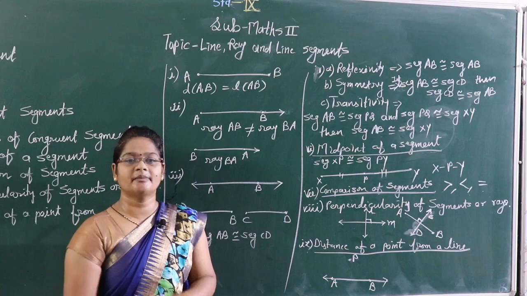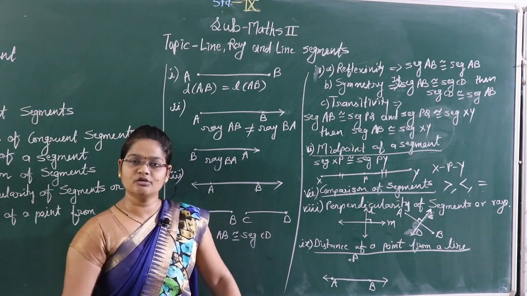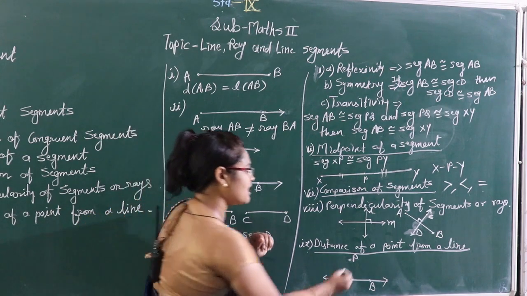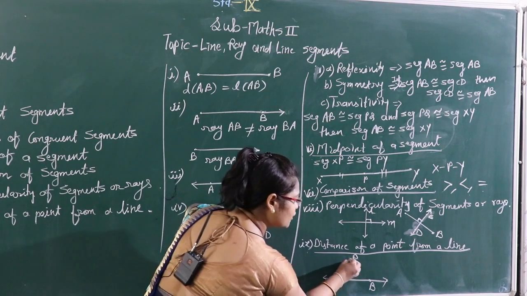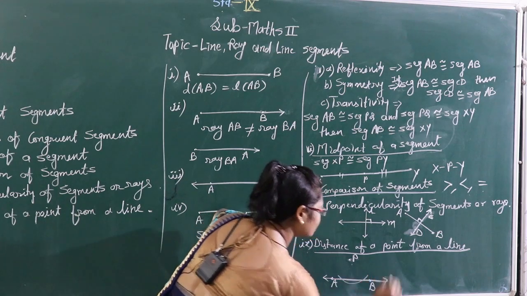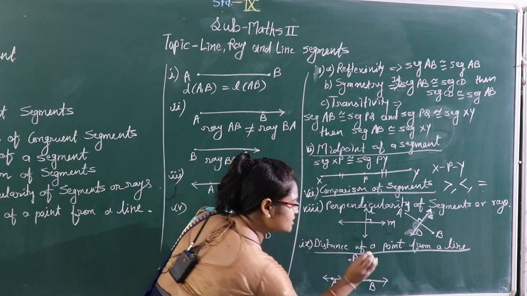Okay, then how to find it? First we will draw a perpendicular from point P to line AB. How to draw the perpendicular? We will take some distance in our divider, put the pointer at point P, and draw one arc like this. Now these are two points of intersection.